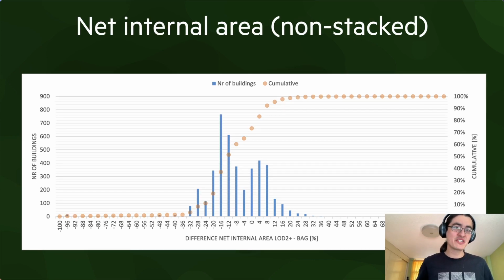But the most interesting thing happened when he looked at non-stacked buildings, so more like individual houses. And he found that there was a negative average, like this doesn't make a lot of sense.